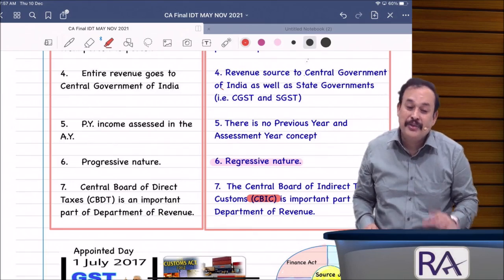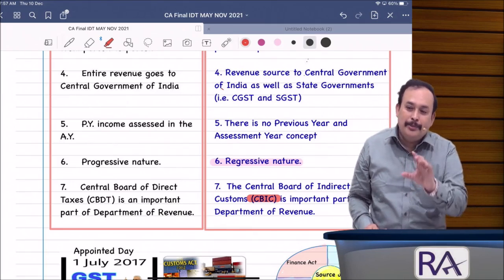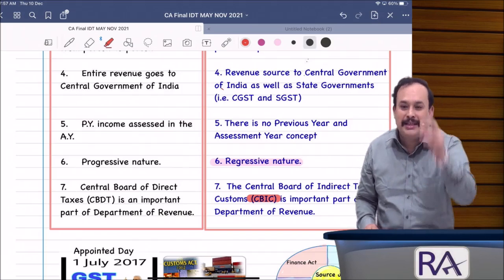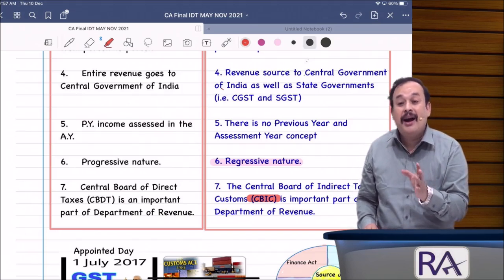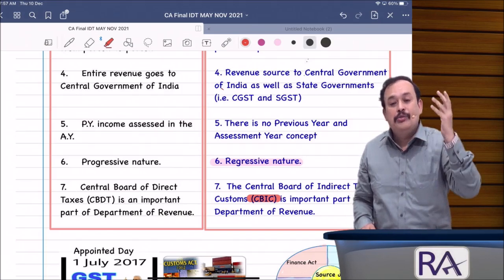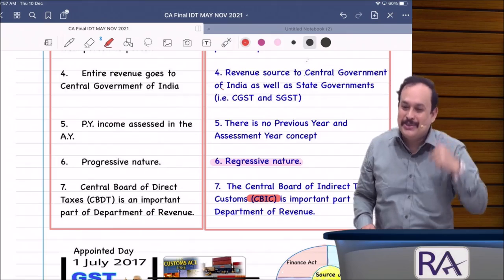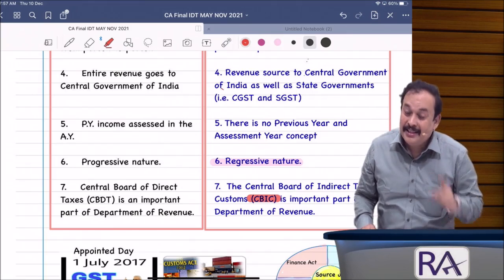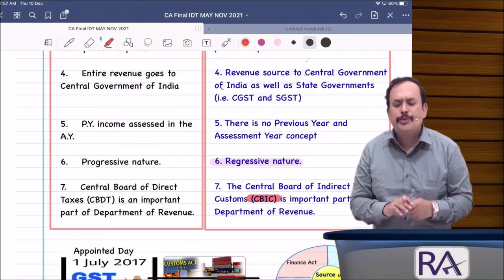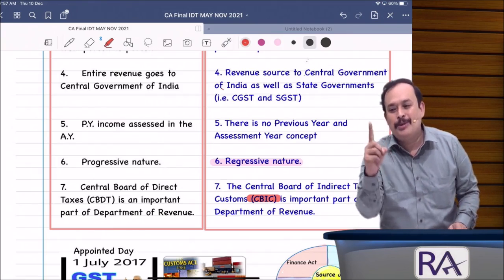Now the CA should very clearly say that multiple choice does not mean like Kaun Banega Crorepati, selecting A, B, C, D. It is not like that. It is case study oriented multiple choice questions. You got the clarity? Case study oriented multiple choice questions means you should be thorough with the subject, then only you will be able to answer.